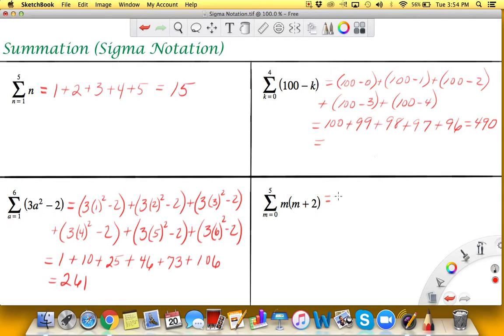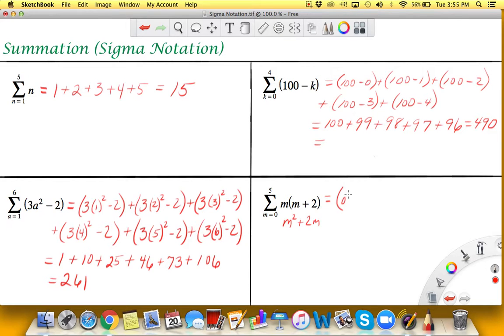Now, this last one, we're going from 0 to 5, so it's up to you. You could simplify this and say m squared plus 2m by using the distributive property. But I'm going to use this version.